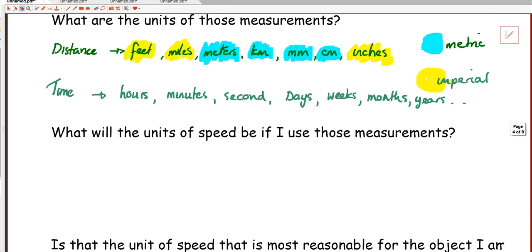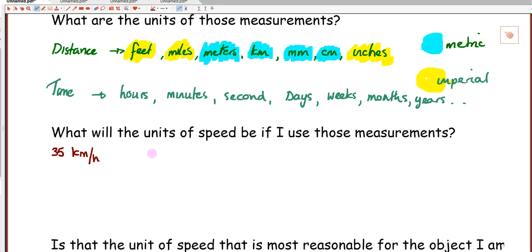All right. Now if we were to consider these distance and time units, what would the units of speed be? Could we think of some units of speed? So what would you pick as the speed? For instance, in Bermuda, we've just said that the speed limit would be 35 and it would be kilometers per hour.